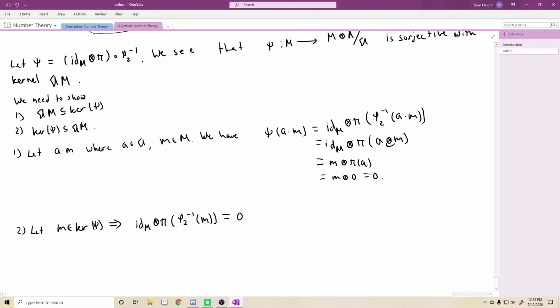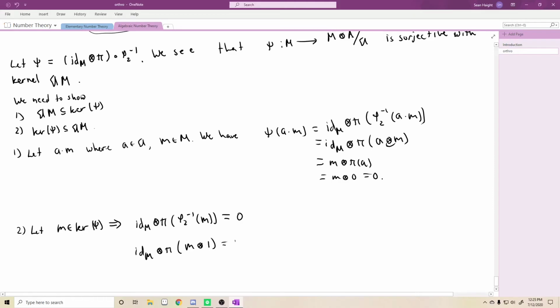Okay. The first thing I'm going to do is, well, varphi2 inverse of m can be just realized as id_m tensor pi of m tensor 1. So remember, again, I just take the product of these two things, since varphi2 sends a tensor product to the product of those two elements in the module. So on doing that, I'm going to get m tensor 1.